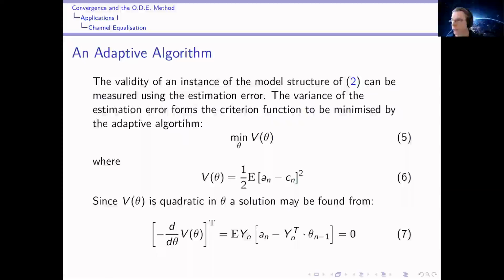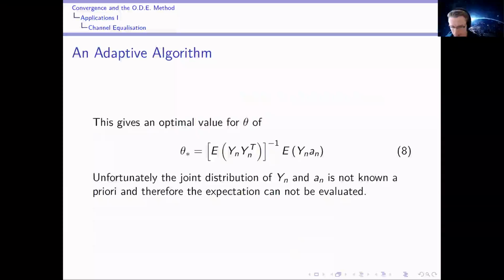And of course, the objective is to minimize this criterion. So a solution to the minimization problem can then be attained by setting the derivative to 0 here and solving for theta. And doing so gives the following optimal value.